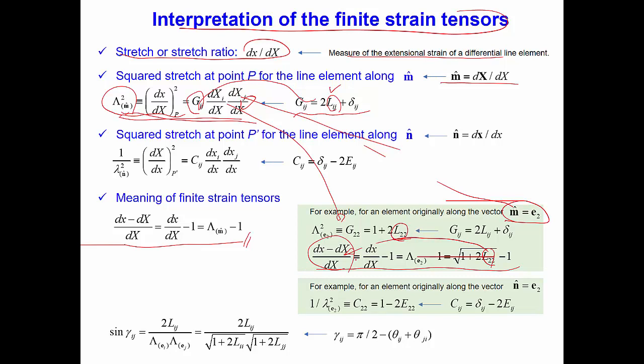Okay. Now let us consider the meaning of the off-diagonal terms of the finite strain tensor. This equation shows the relationship between the tensor elements and shear deformation, which emphasizes that diagonal terms and off-diagonal terms are both coupled in terms of shear deformation.